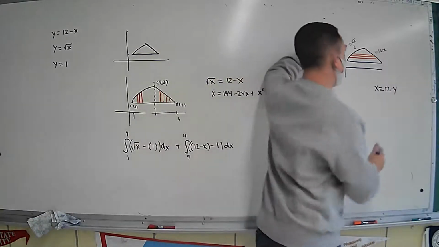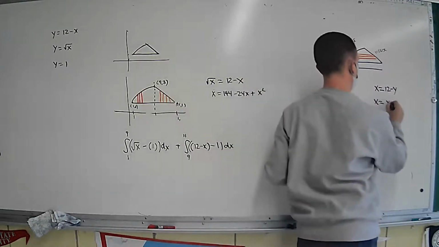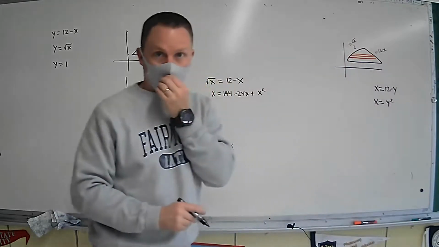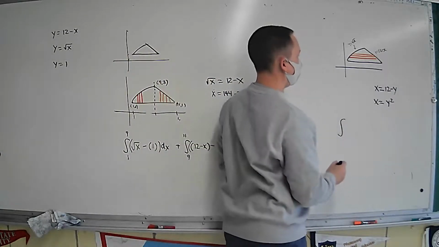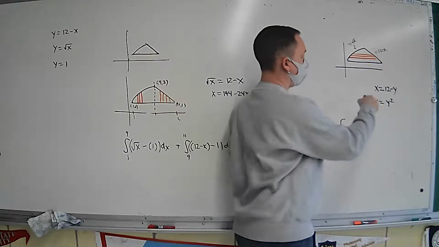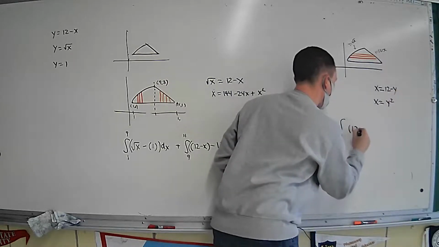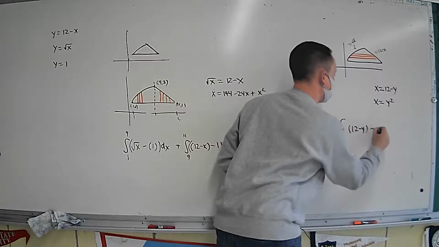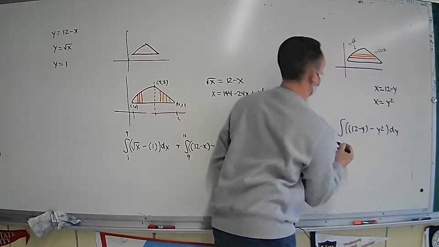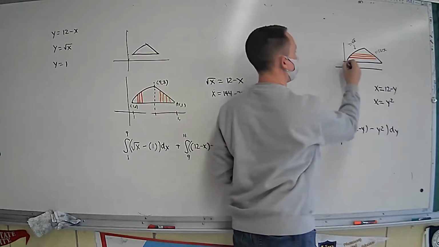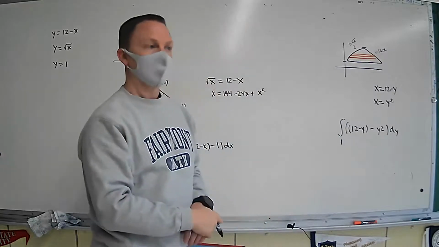And then what's this one? X equals y squared. And now, Nicole said this one's on top. But we're going to call that 12 minus y squared. And we're going to add those up from 1 to, what's that y value up there? 3.